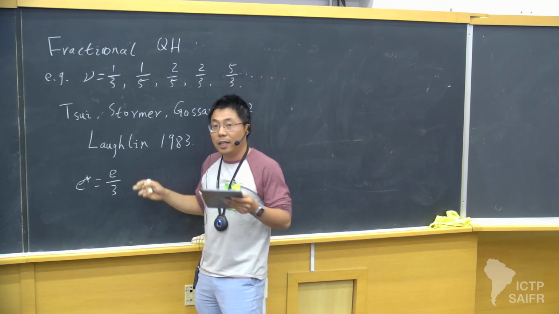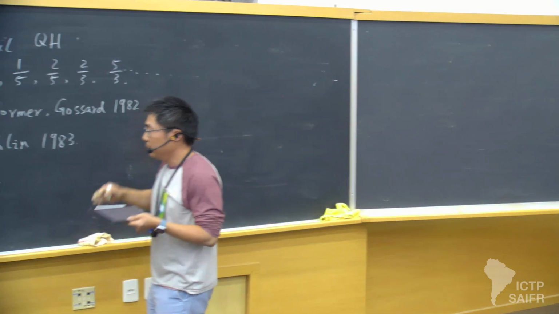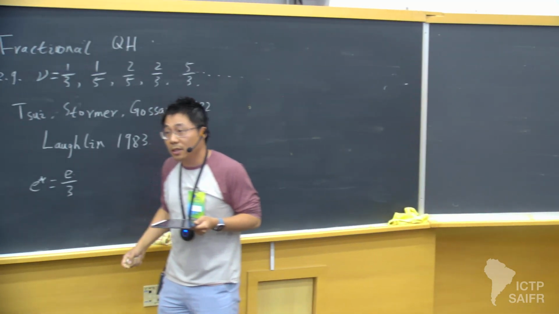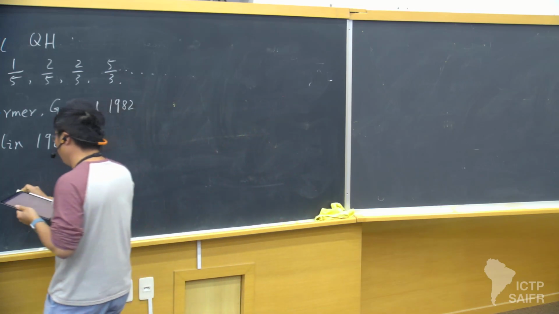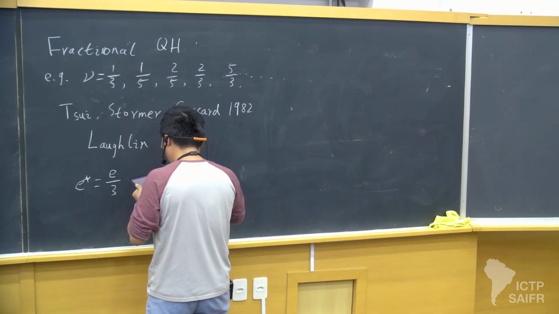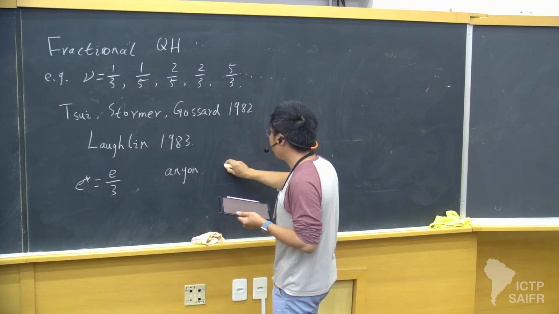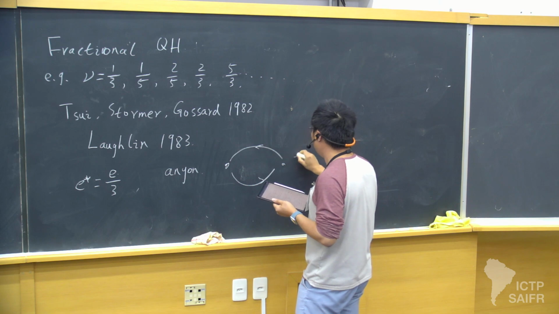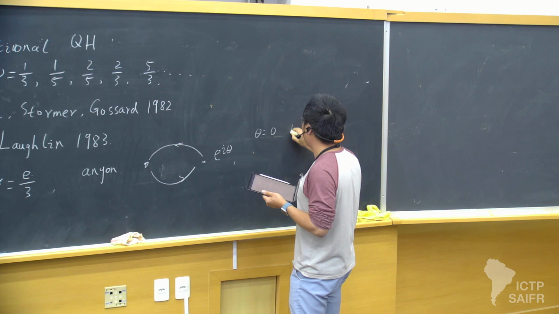And even more remarkable, those excitations have the so-called fractional statistics, right? In the morning, Nathan revealed bosons and fermions. In the fractional quantum Hall state, those excitations are neither bosons nor fermions, and this is what we nowadays call anyons. Namely, if you consider two of such excitations and exchange them, you will get a non-trivial phase factor, let's say e^{iθ}. If θ equals 0, that's a boson.